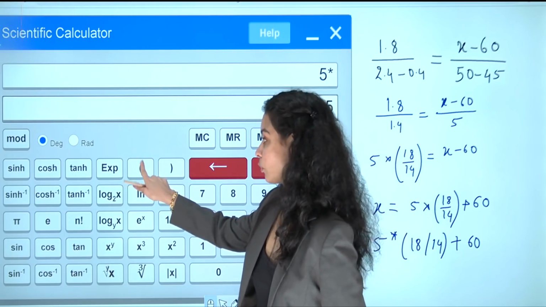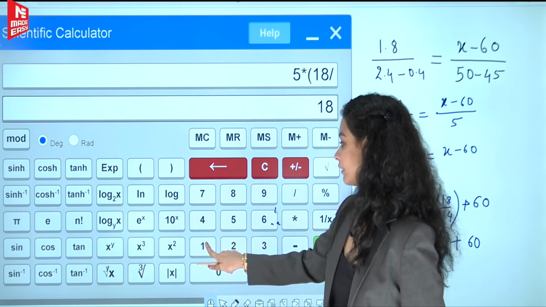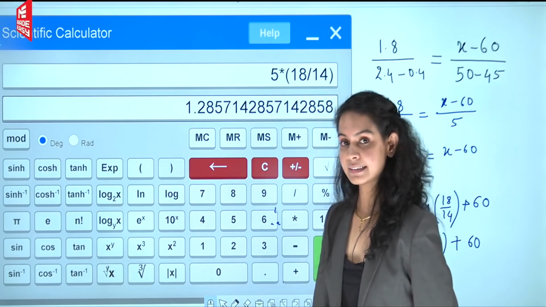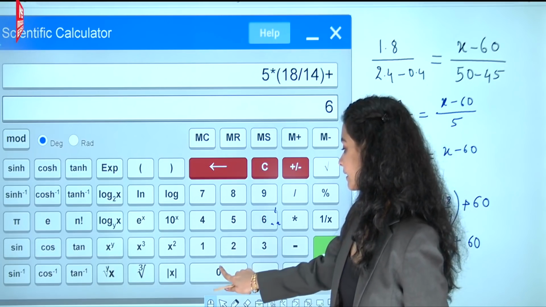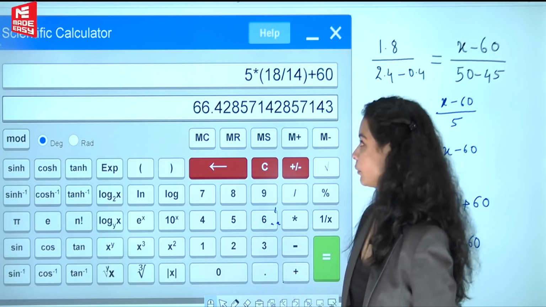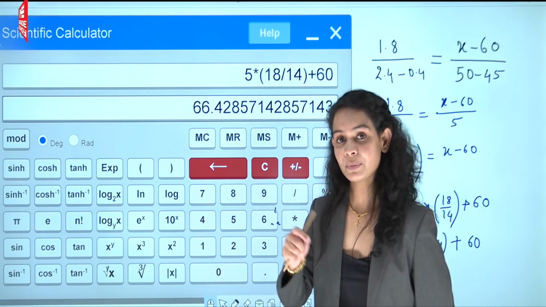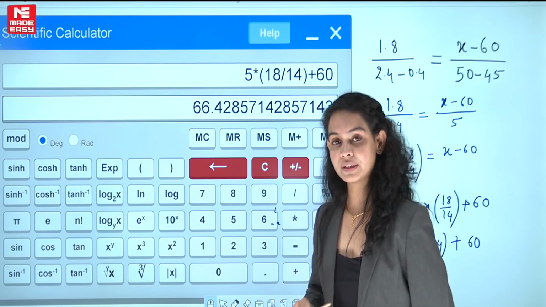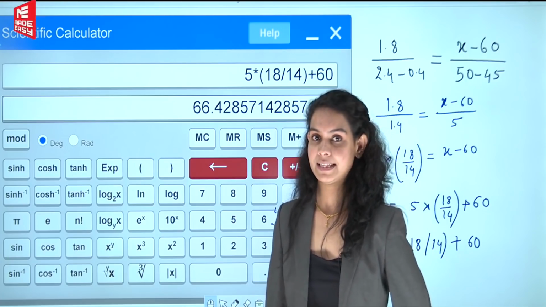So for this you need to open the bracket, that is this, and 18 divided by 14, close the bracket, then you have to add plus 60. So plus 60 and then press equal to. There you get your answer. So this way you will not have to note down any values on your scratch pads. In one go you can perform the calculations on the virtual calculator.